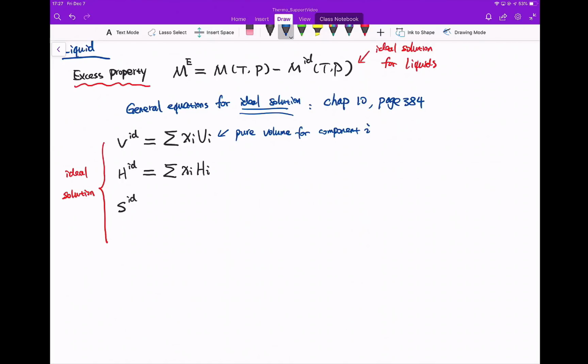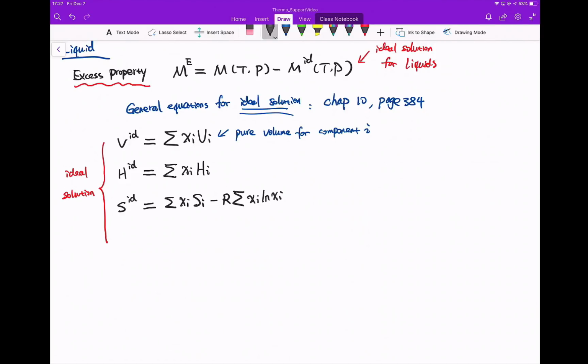For the entropy, the entropy of the ideal solution state will be the summation of xi si of the pure component, minus R summation of xi log xi.